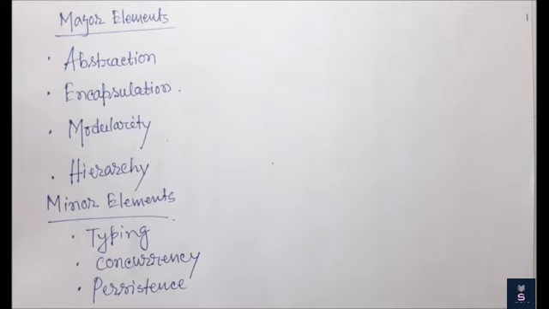But in an object oriented environment, there are active and inactive objects. So when we talk about concurrency in an object oriented environment, we say there are two types of object, one is the active object, another is the inactive object. The active object has an independent thread of control that can be executed concurrently with threads of other objects.